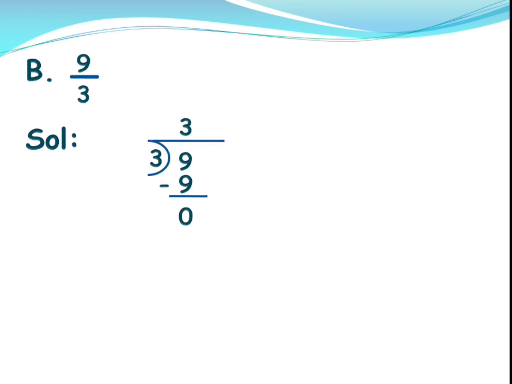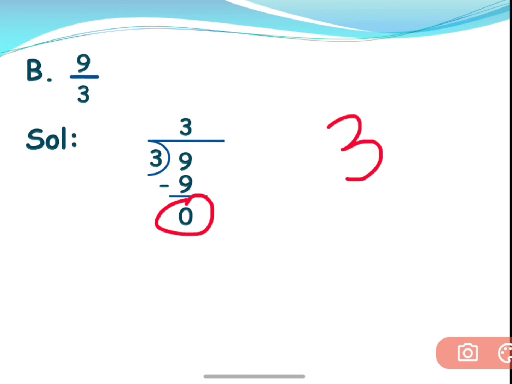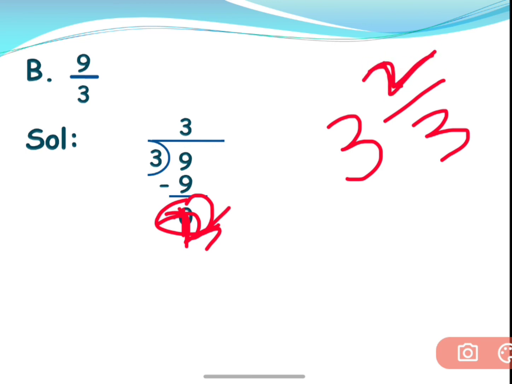We are not writing a mixed fraction, we are writing a whole number. Why? Because the remainder is 0. Generally, if you get a remainder like 2, you will write a proper fraction, let's say 2 by 3.